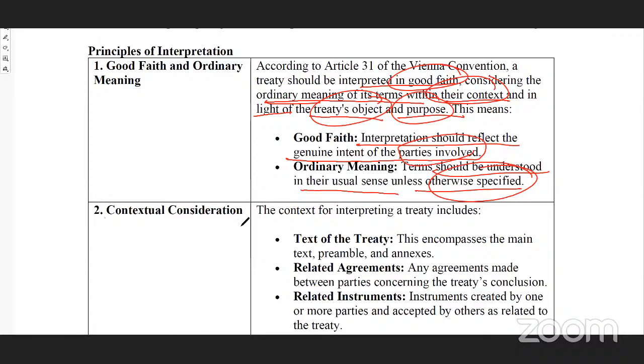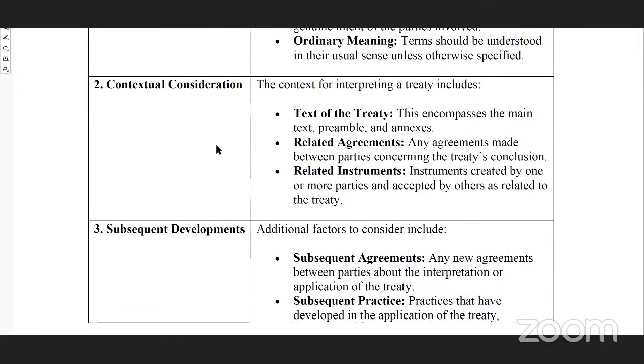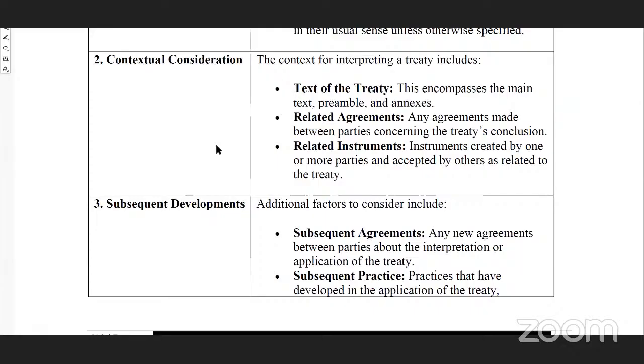The next consideration is the contextual consideration. And we said in their context, right? So for the context for interpreting a treaty, first we must look at what? The text of the treaty itself. This encompasses the main text, the preamble, the annexes, the protocols, and related agreements. So any agreements made between parties concerning the treaty's conclusion, even if it's a different country, we can still make reference to it, right?